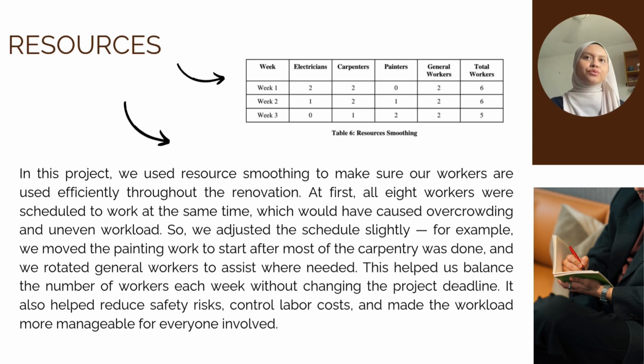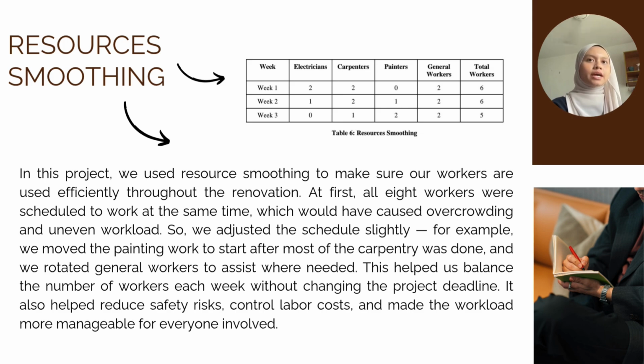In this project, we use resource smoothing to make sure our workers are used efficiently throughout the renovation. At first, all 8 workers were scheduled to work at the same time, which would have caused overcrowding and uneven workload. So, we adjusted the schedule slightly. For example, we moved the painting work to start after most of the carpentry was done, and we rotate general workers to assist where needed.